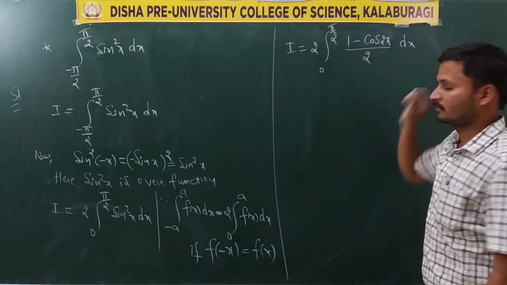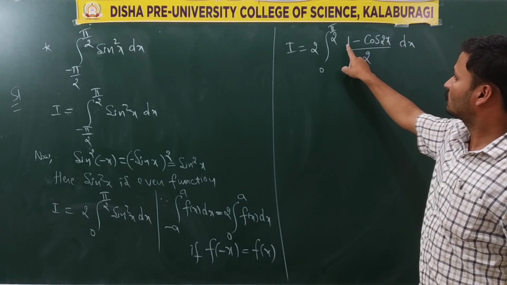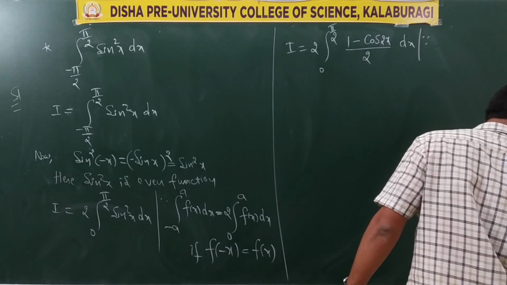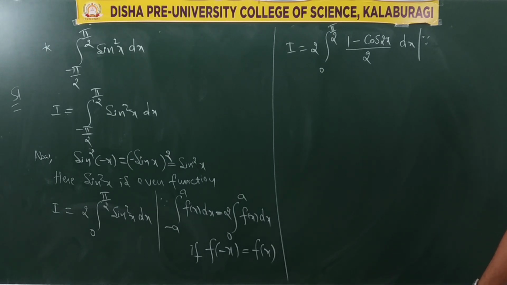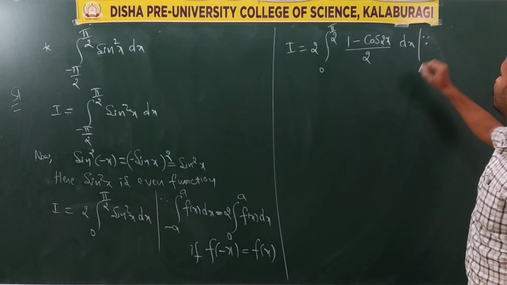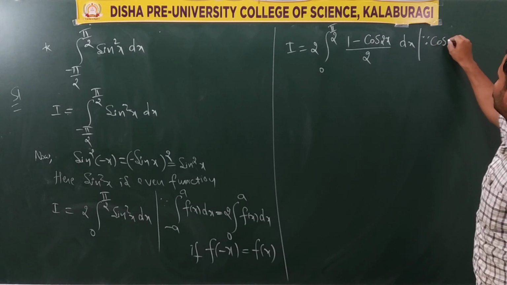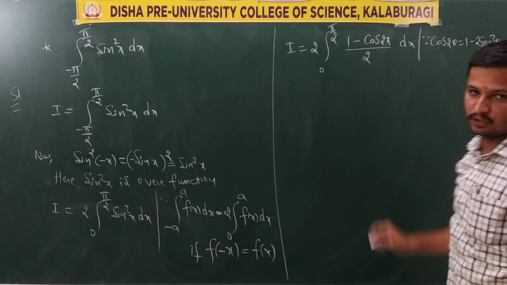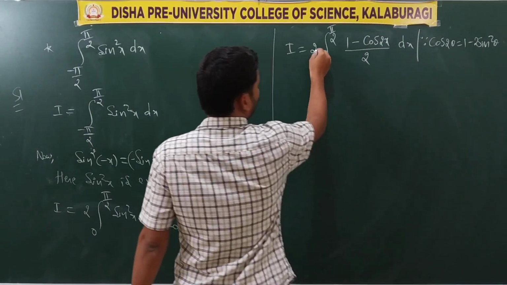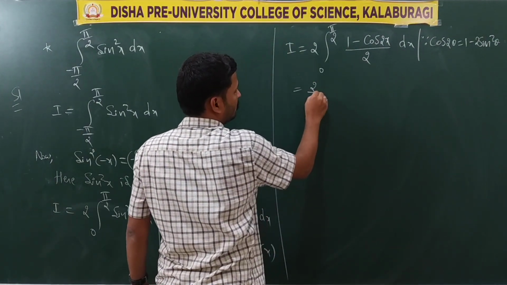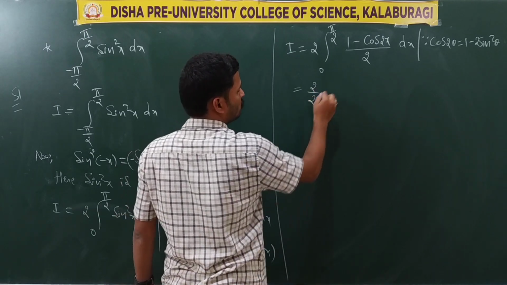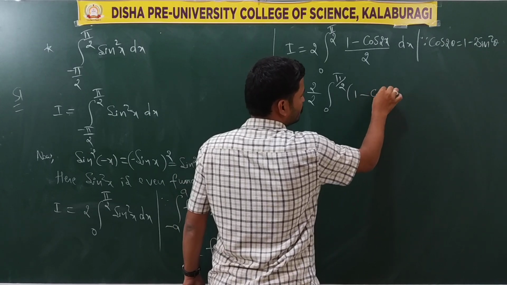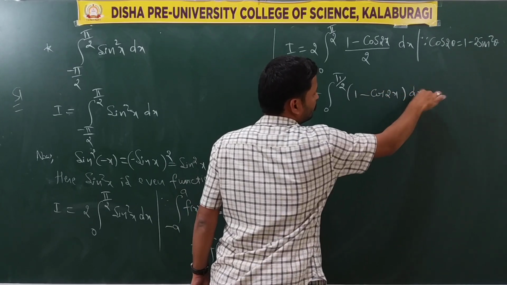This is because cos of 2 theta is equals to 1 minus 2 sin square theta. This is useful. So here 2 and this 2 get cancelled, so integration from 0 to pi by 2 of 1 minus cos 2x into dx.